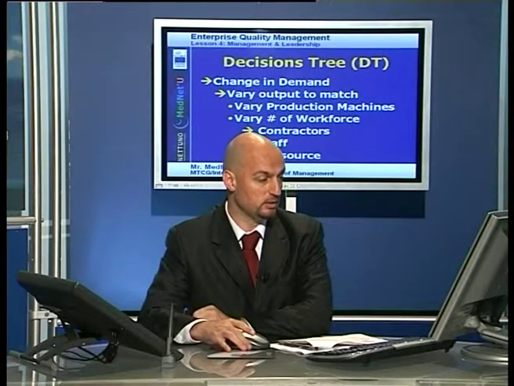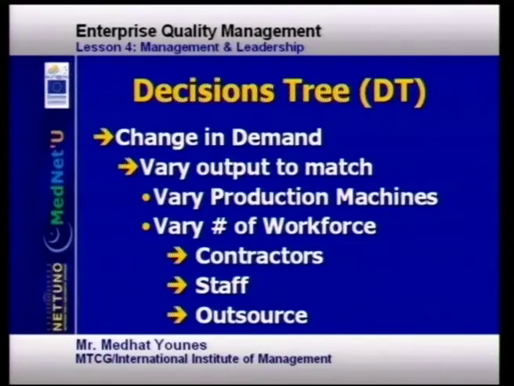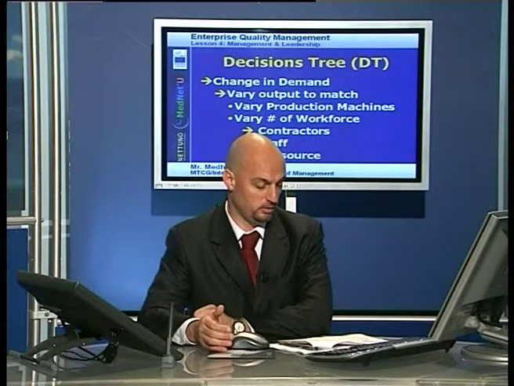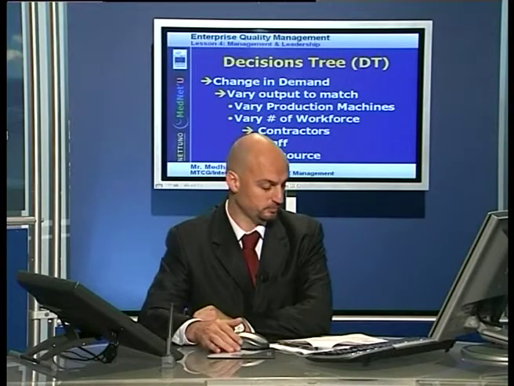In a downturn cycle, the manager would have to take a decision to reduce the working hours by probably sharing jobs or laying off staff, or letting the employees go on vacations during the downturn cycle.